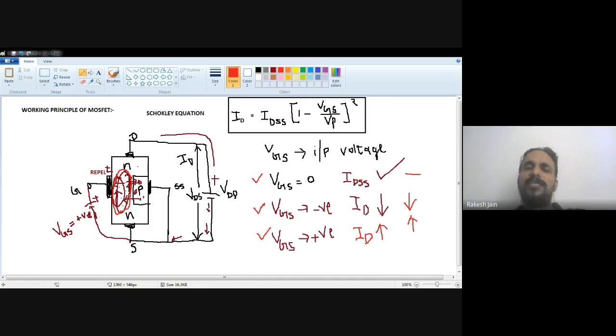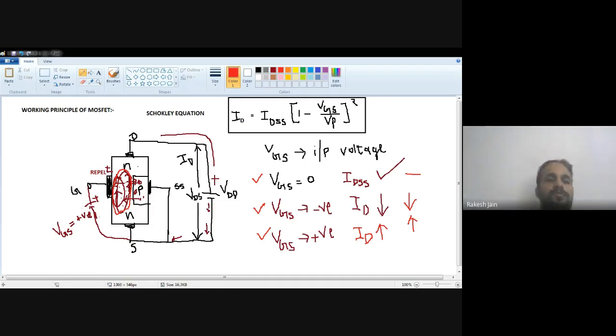The Shockley equation, ID equals IDSS times (1 minus VGS divided by VP) squared, is the major equation to analyze the working principle of the depletion-enhancement MOSFET. There is also a higher input impedance in the MOSFET compared with the BJT. The symbols for N channel and P channel FET and MOSFET are also different from the simple emitter, base, collector transistor symbol.